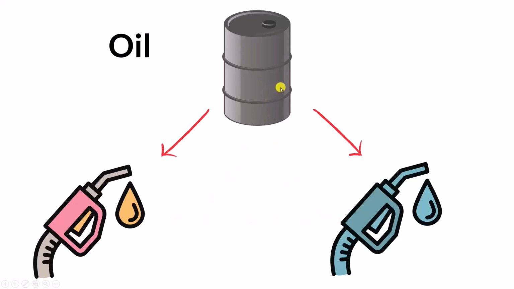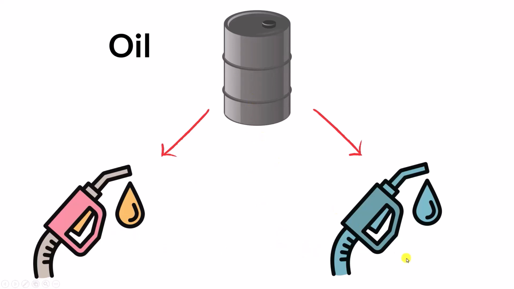If the price of oil decreases, then the price of petrol or diesel also decreases. So this is the underlying asset, and these are the derivatives, or these are derived from oil.